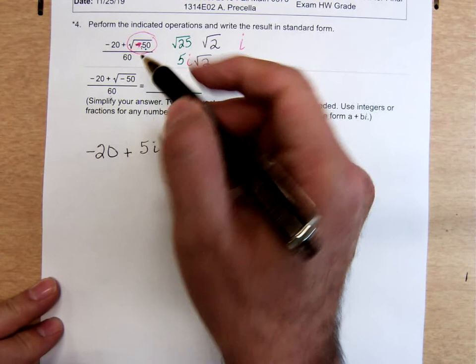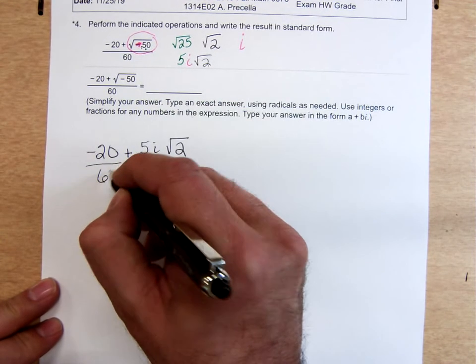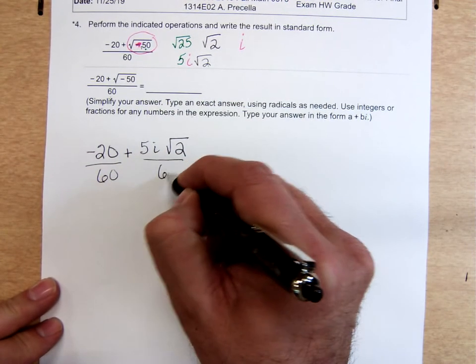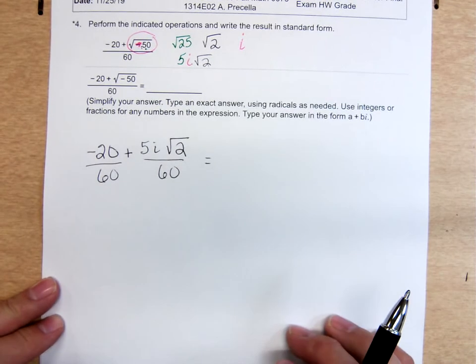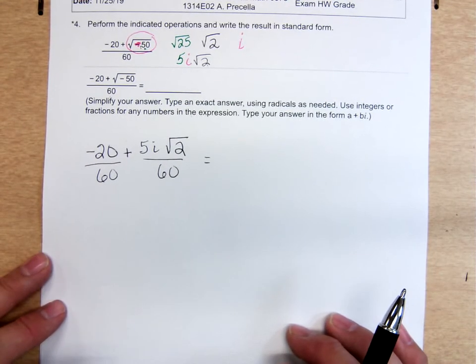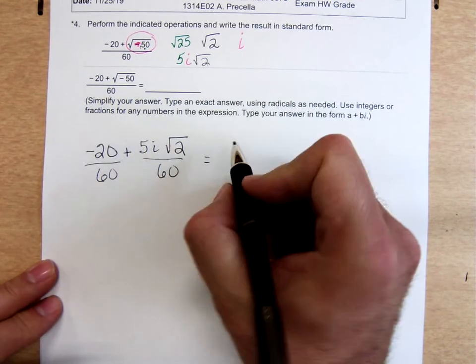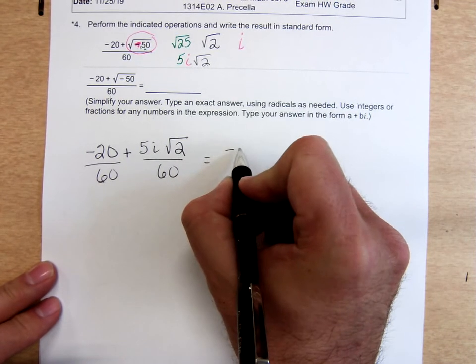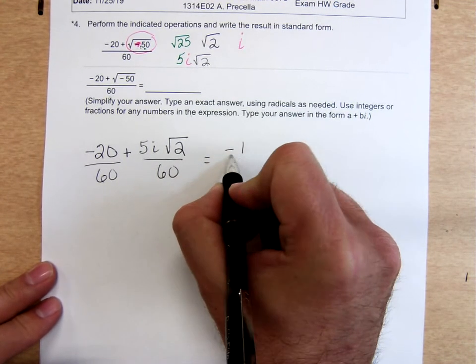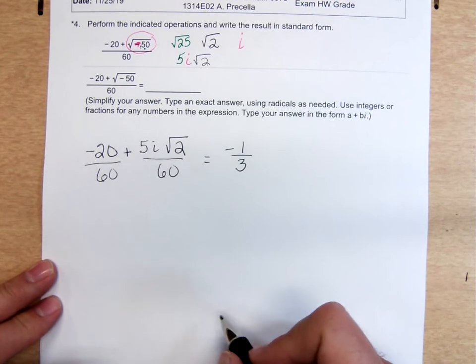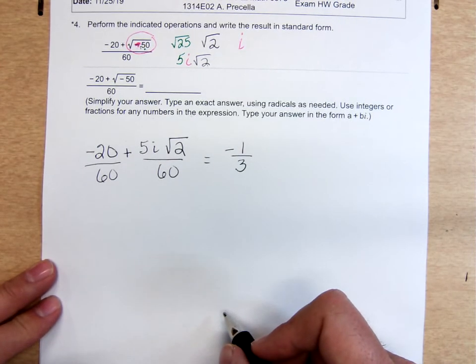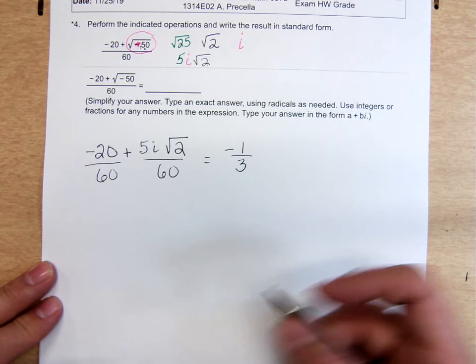So put them both over 60 and reduce those two fractions. This is going back to the very beginning. 20 over 60 would reduce to 1 over 3. Remember, if the smaller number's on top, it's a fraction. Okay? If it had been 60 over 20, the answer would be 3.